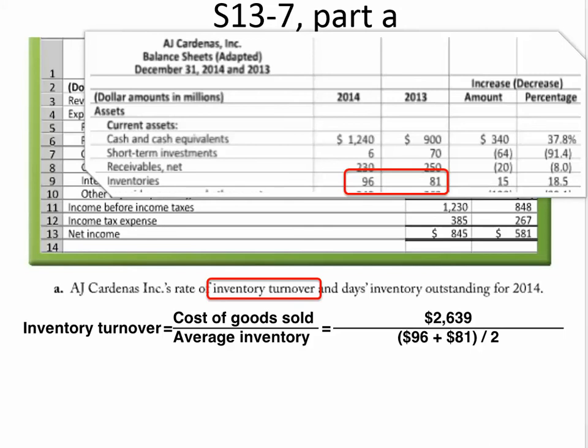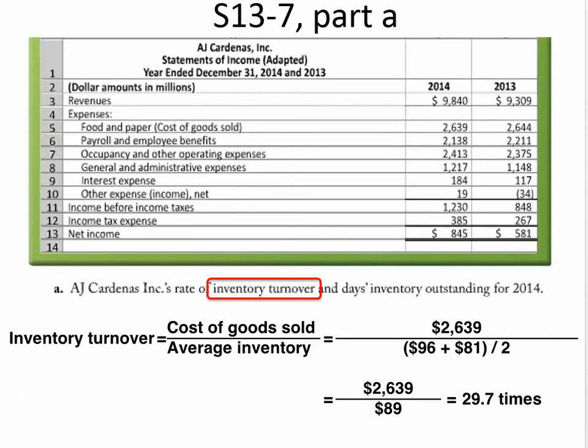That gives us the average inventory, and it's very important that we use average inventory. When it says average inventory, you take the current year end, the prior year end, divide by 2, and that gives us the average inventory. So inventory turnover then is going to be 29.7 times. So this inventory for this company turned over 29.7 times during 2014.